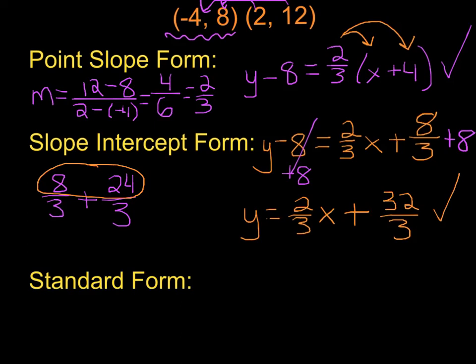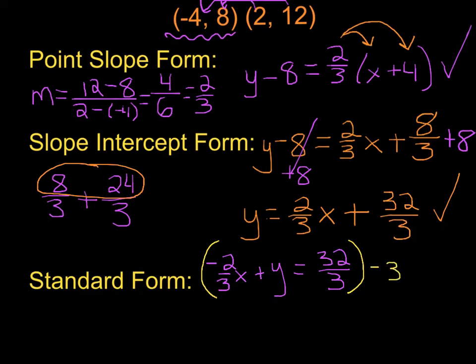Now let's get it into standard form. So we have to get x and y onto the same side. So I'm going to subtract the 2/3 x to the left side, negative 2/3 x plus y equals 32/3. But remember, my leading coefficient cannot be negative, and I cannot have any fraction. So I'm going to multiply everything by a negative, and my denominator is 3.